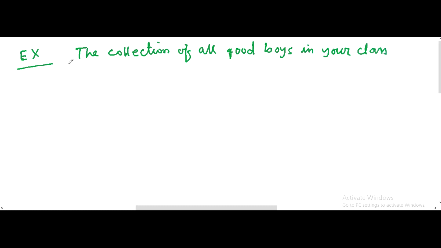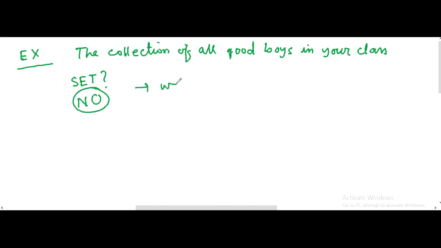Does the collection form a set? The answer is no. Think about it. This collection does not form a set because the collection is not well defined.